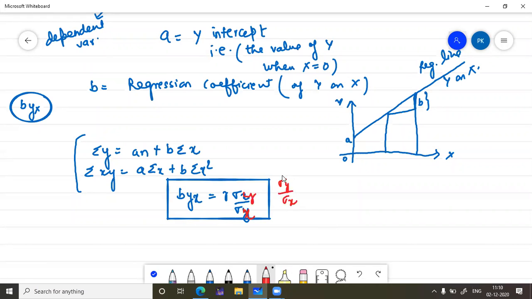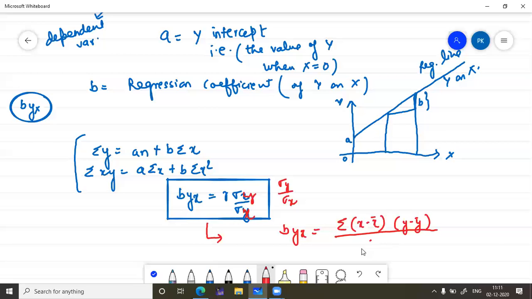If I use the standard deviation formula here, then my formula for evaluating the regression coefficient is converted into summation of x minus x bar, y minus y bar divided by summation of x minus x bar whole square. Here the standard deviation formula has been substituted.